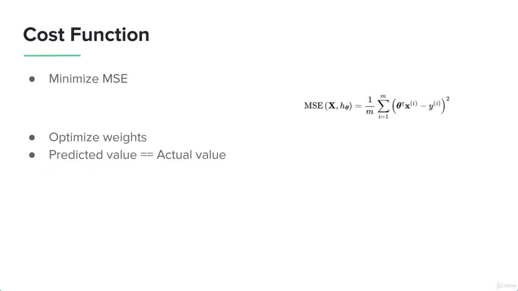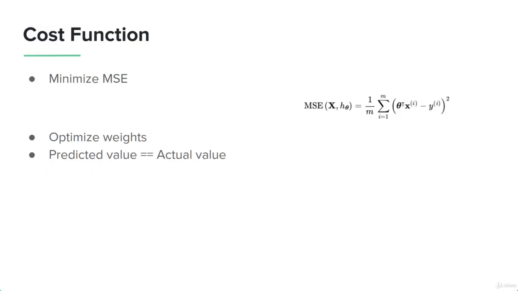What it does is it simply subtracts the predicted value from the actual value and squares it, sums all those differences together, and divides by m. So it's averaging all the errors. Against every predicted value there will be an actual value.